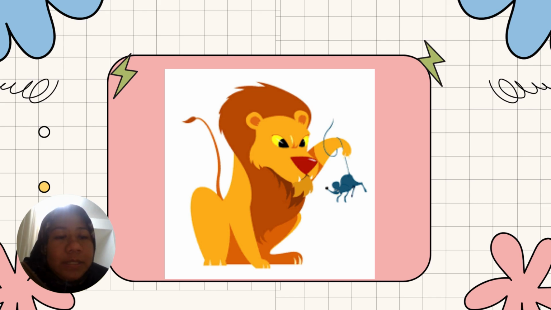So we can see that the mouse here represents the idea that everyone has the potential to contribute, regardless of size and status. These two characters, despite their differences, will teach us an important lesson about helping each other.